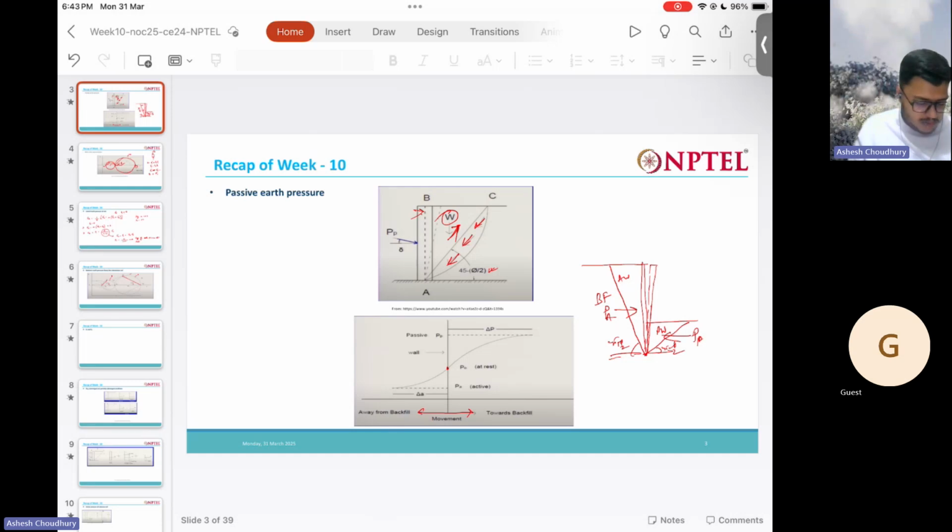So in the active case, the angle made is 45 plus phi by 2 with the horizontal, and the horizontal is the major principal plane in the active case. In the passive case, it is 45 minus phi by 2 with the horizontal, and the horizontal is the minor principal plane.